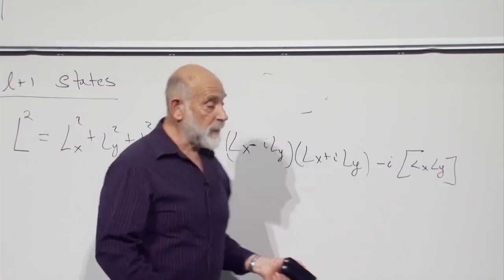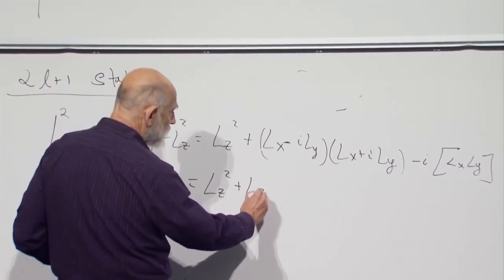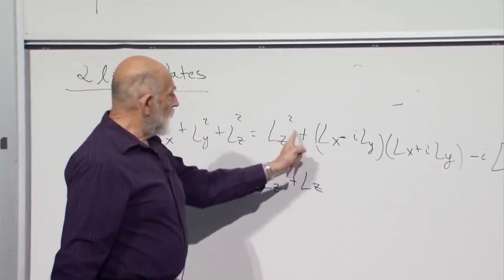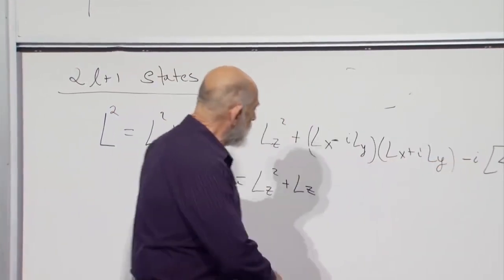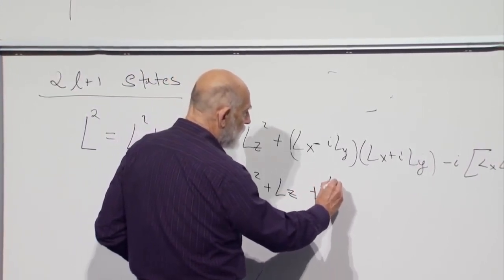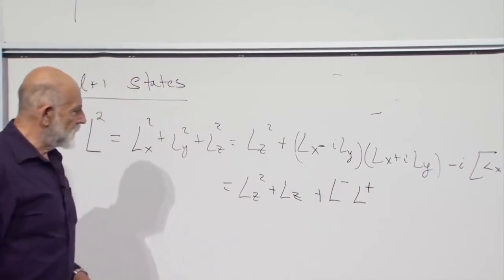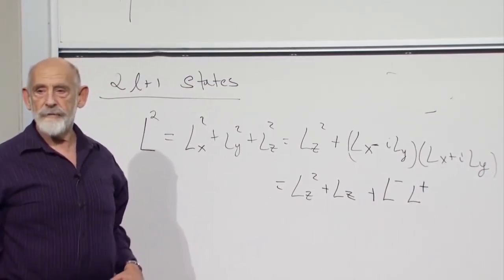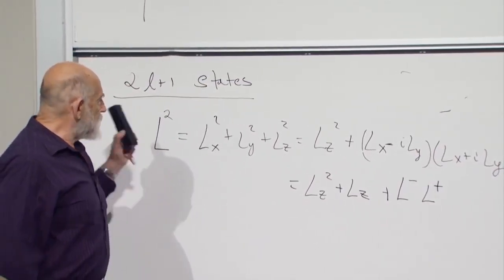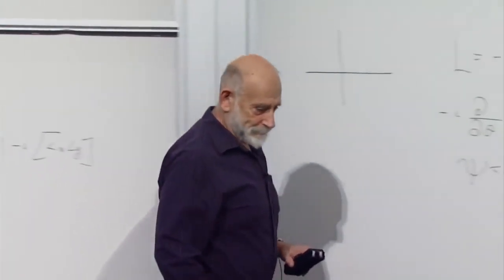I times minus I is plus 1. So this will give me Lz squared plus Lz, and then we have plus L minus times L plus. Okay, you with me? That's L squared, the square of the angular momentum.